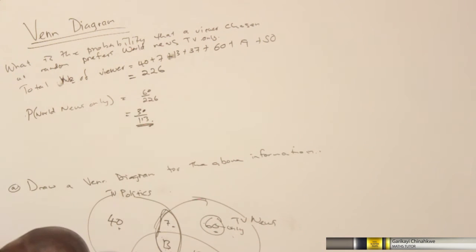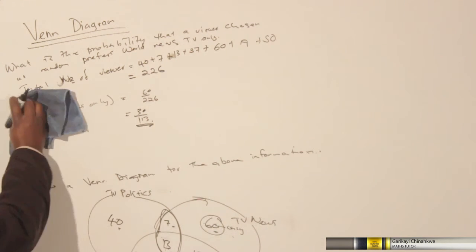Okay, the next question is, what is the probability that a viewer chosen randomly from the sample prefers none of the three TV stations? Okay, let's leave this one because it's a different question. Let me just write down the question here.